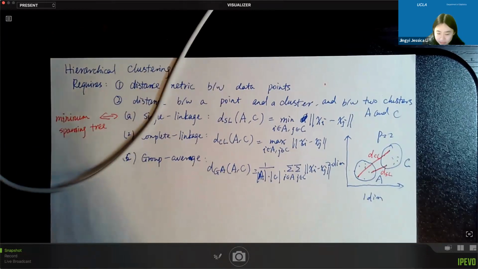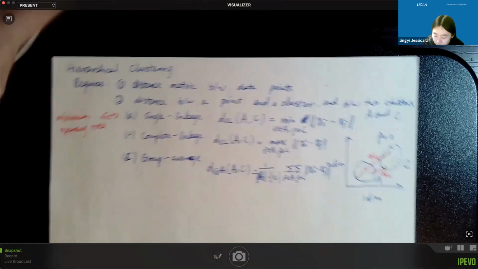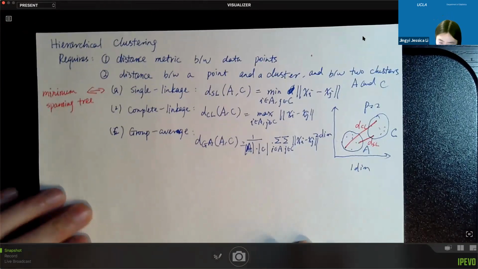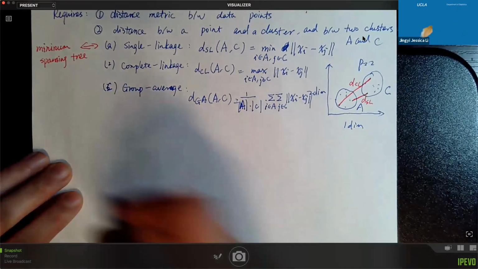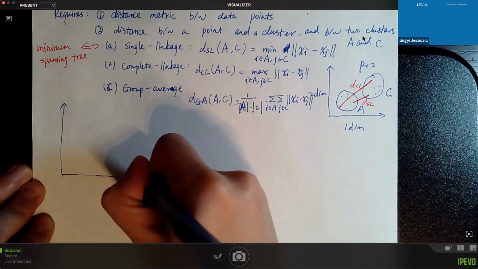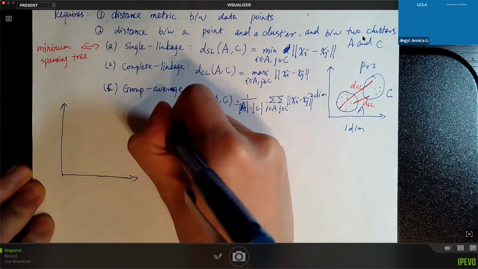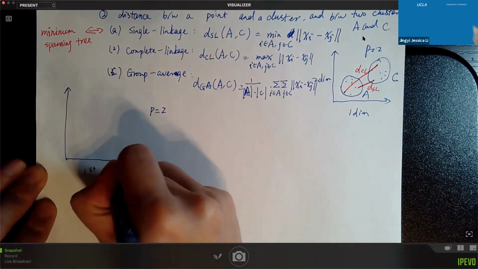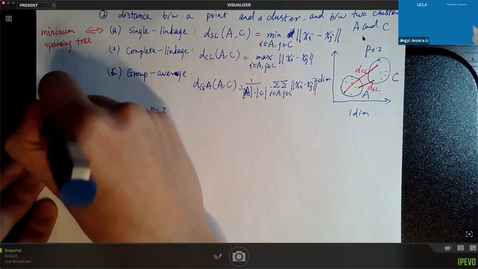As in our notes, here we have 5 data points. We just have data points in 2 dimensions for simplicity, because 2 dimensions is the case where we can draw our data points. The first dimension is here, and the second dimension is here.